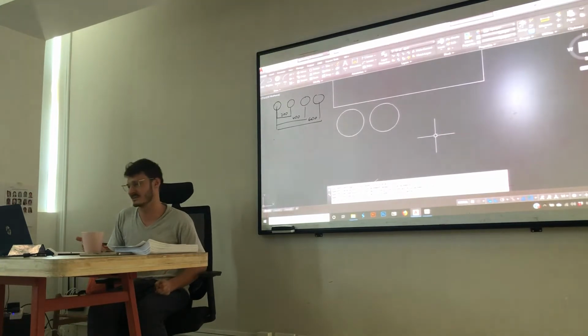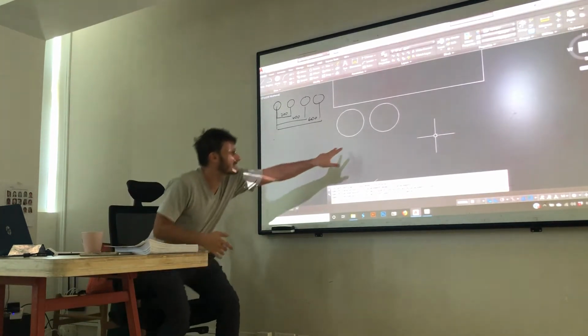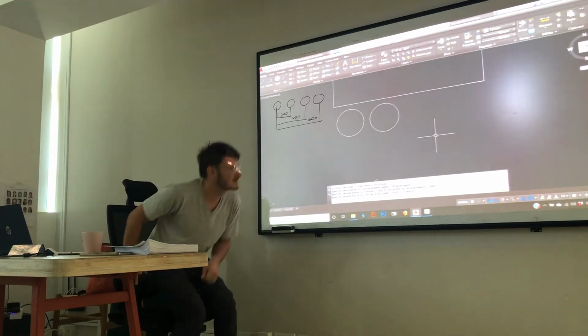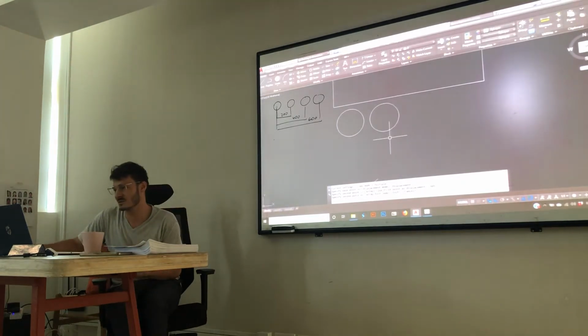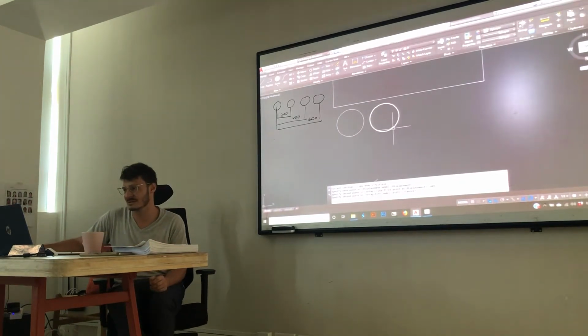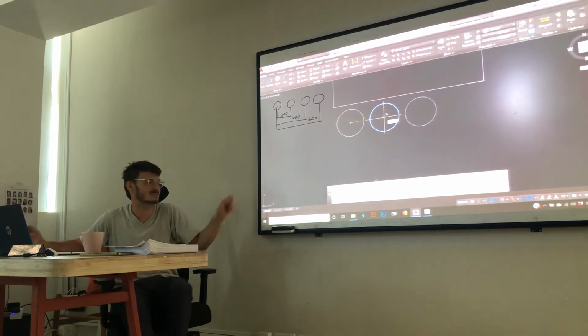If this displacement is tricky, it's much easier to draw these first two circles, then select the second circle and press copy, but now my base point is going to be the center or any point from the first one. For example, the center.